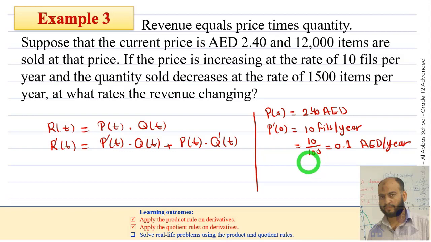The initial quantity Q(0) equals 12,000 items.